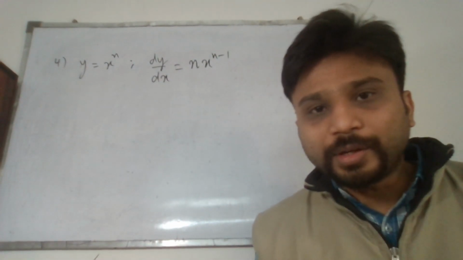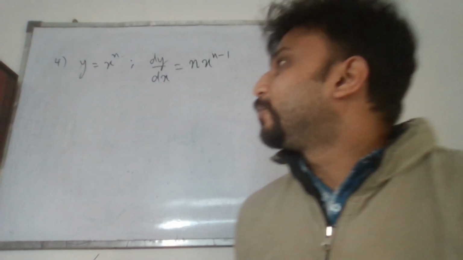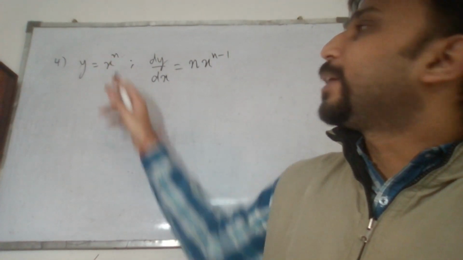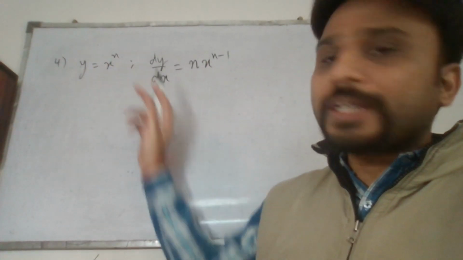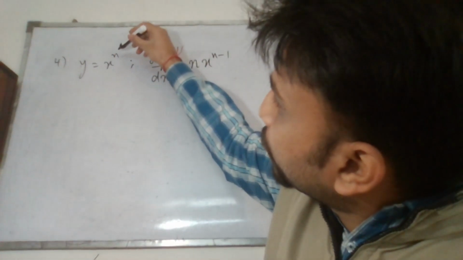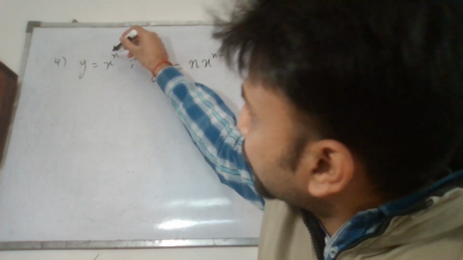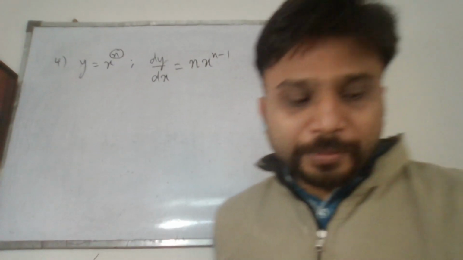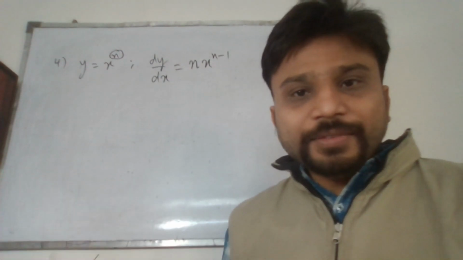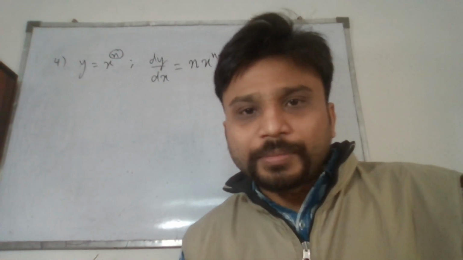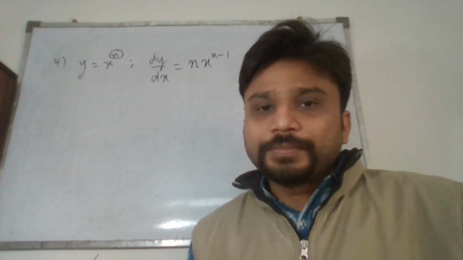So here you have to remember how we differentiate. Calculating dy by dx when y is equal to x to the power n: whatever power I have, that is n. I hope that is clear. So this is n and this is x. x is the variable and n is some constant number. It could be 1, 2, 3, something like that.